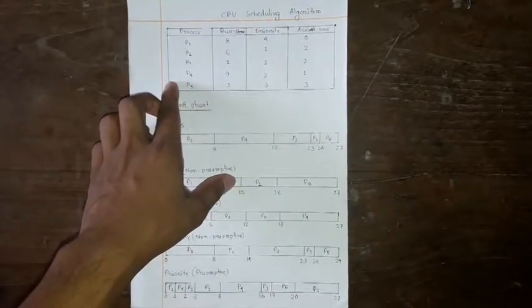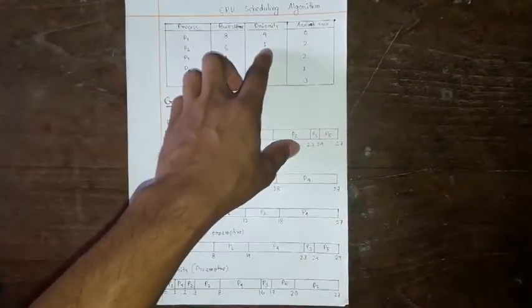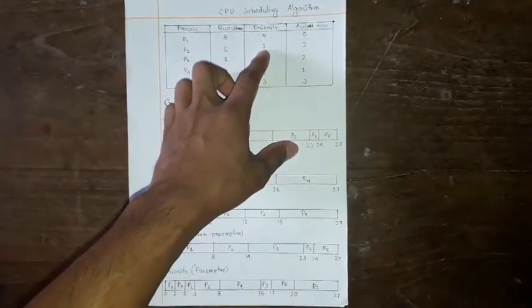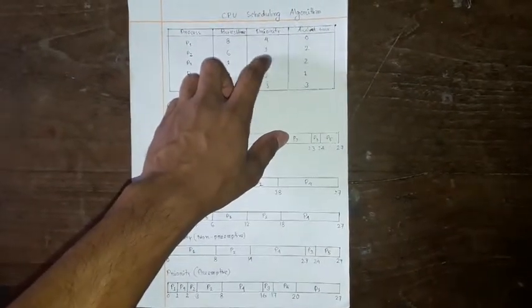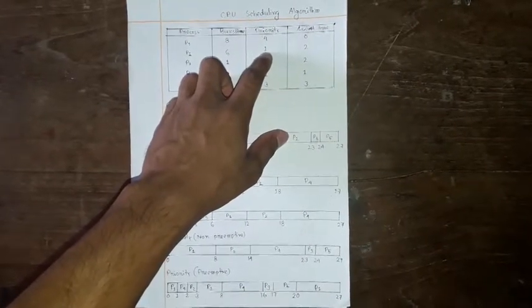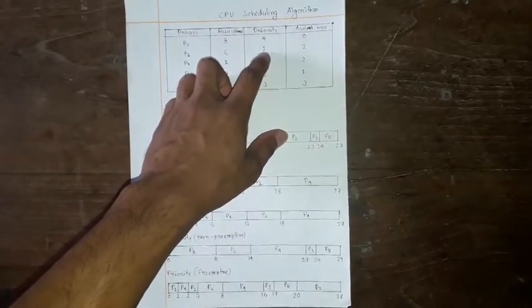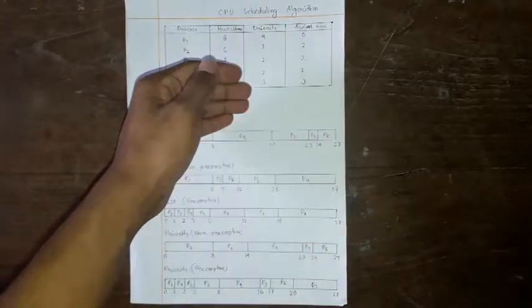Now we'll consider the priorities of the existing processes, and we'll see process P2 has priority 1. I forgot to mention that a low number means high priority. 1 is the highest priority, and an increasing number means the priority gradually decreases.